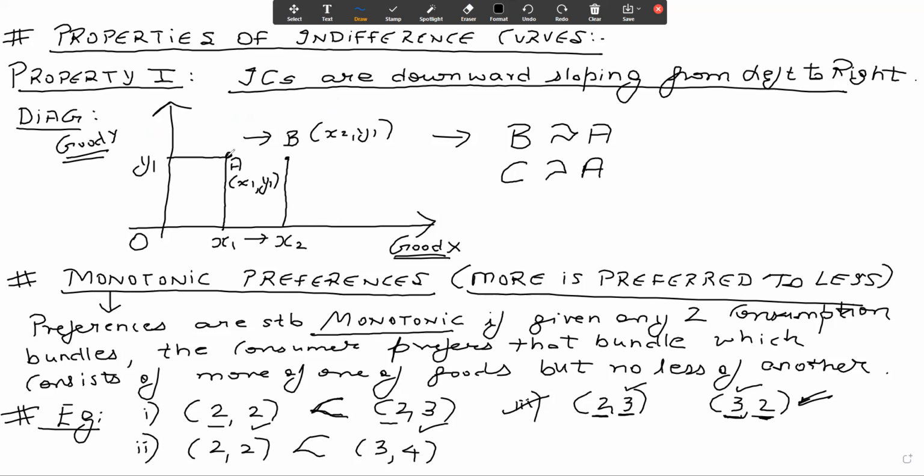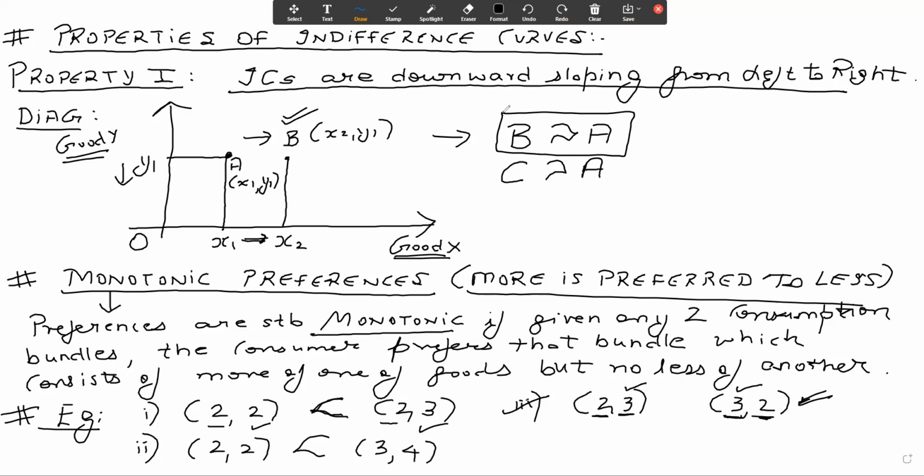That equal happiness will come only when I increase my good X and reduce my good Y. Because if I increase my good X but do not reduce my good Y, I will come to B, and B is preferred over A. But on the indifference curve, the consumer should get equal satisfaction.